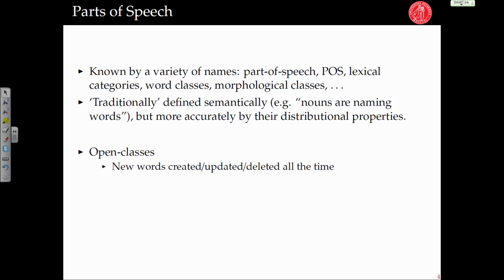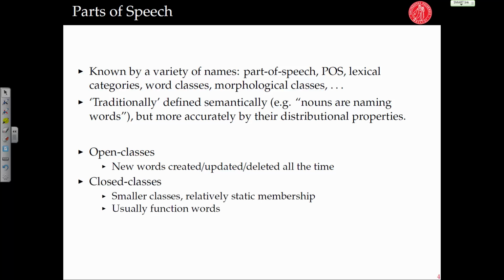And we distinguish between two super types of parts of speech. So one we call the open class, and the other we call the closed class. The open class includes nouns, verbs, adjectives, adverbs, and it's called open because it's relatively easy to add new members to this class of words.